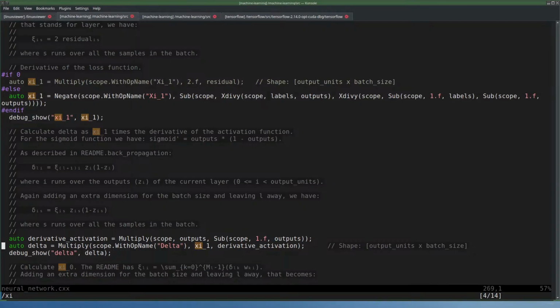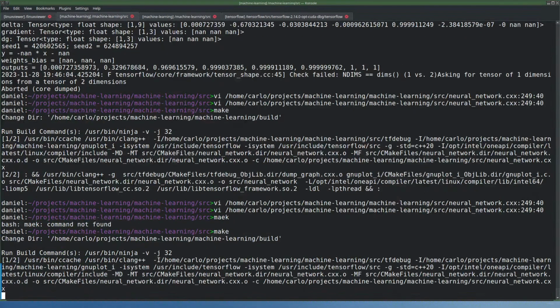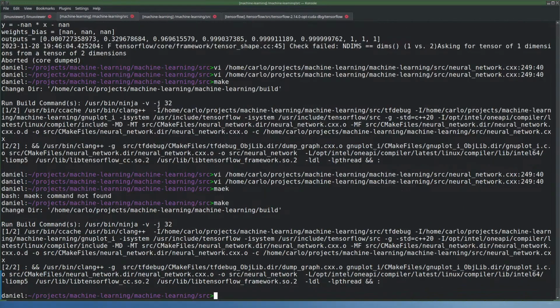It's not working. I don't know why. The dimension of this thing changed probably, but I don't know. If we run this, then what happens? Did it print stuff?